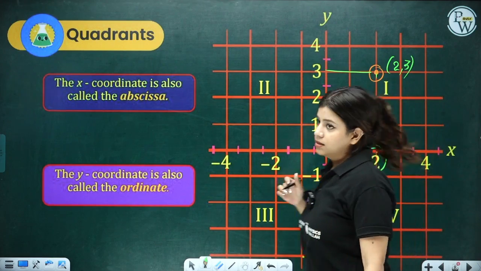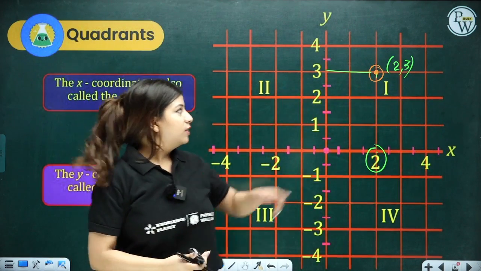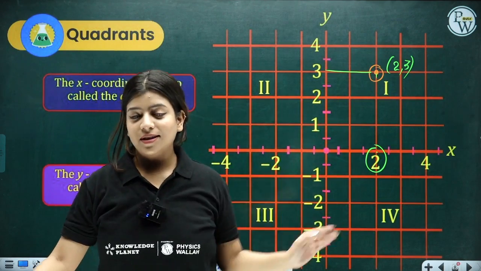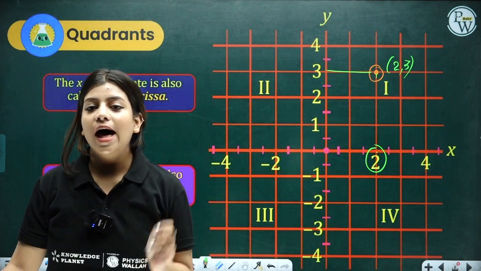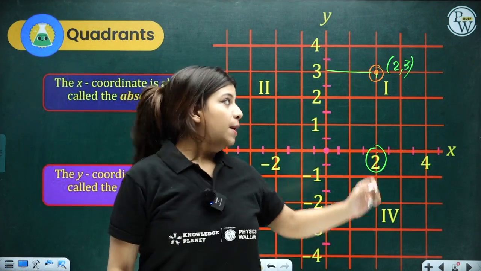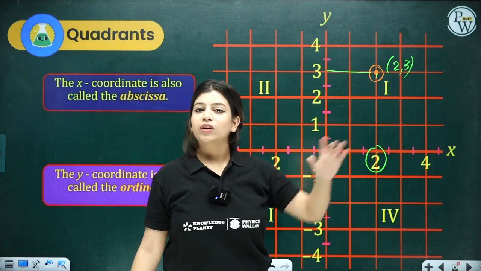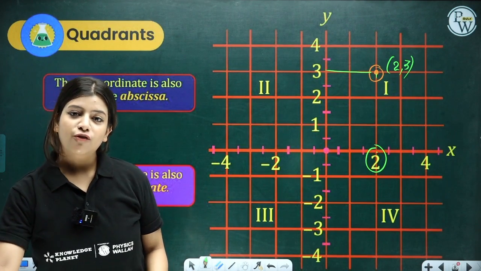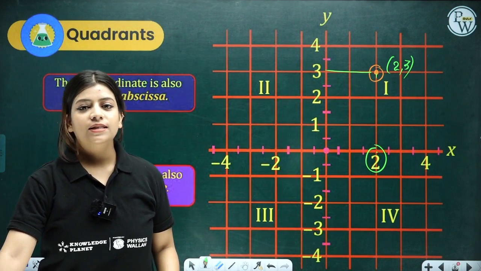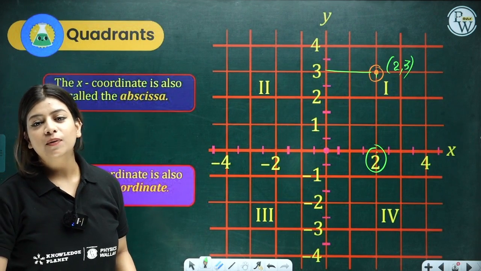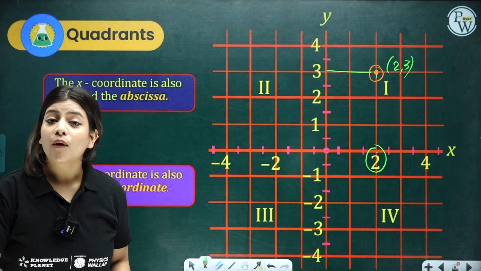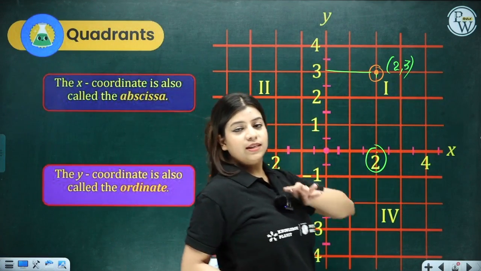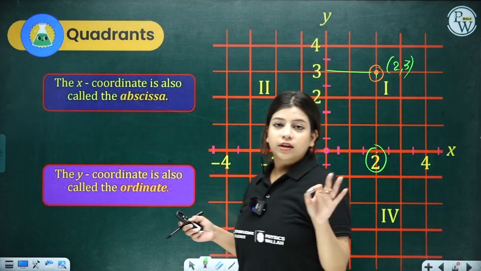So the y-axis point will be 3. Now this 2, since it represents the point on the x-axis, is known as the abscissa of your particular coordinate. 2, 3 is the coordinate, and if the question comes, what is the abscissa for this, simply we can say that the abscissa for this particular point is nothing but the point from the x-axis, and that is your 2.